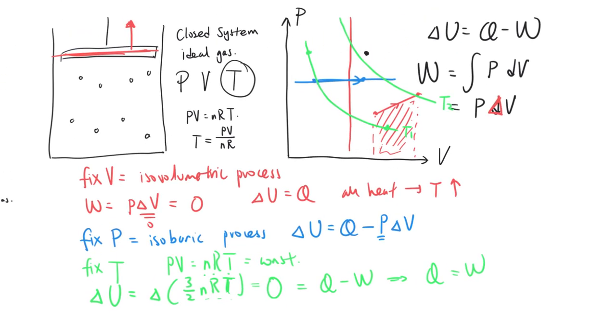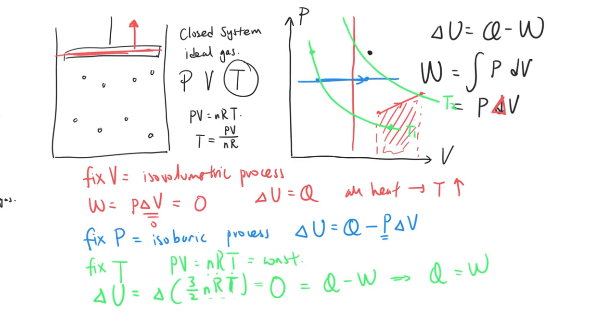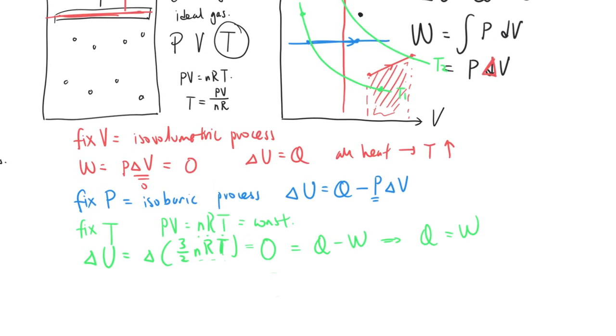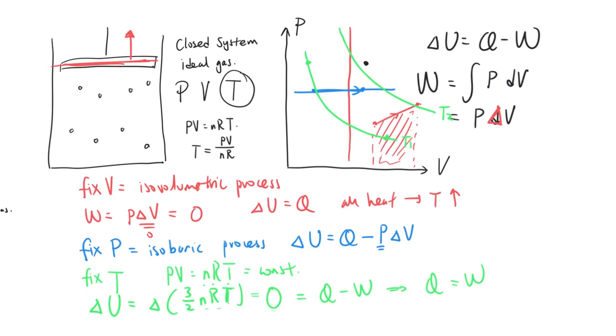And so this means that all of the heat that you put into the system contributes to work done by the gas. So if you look at this diagram right over here again, if you heat it, it would push the piston outward without increasing the temperature.